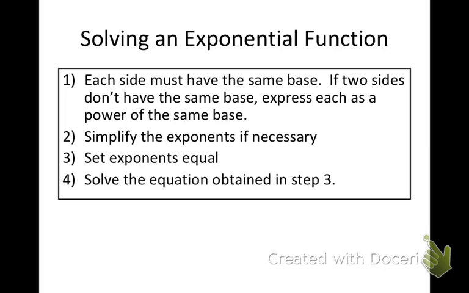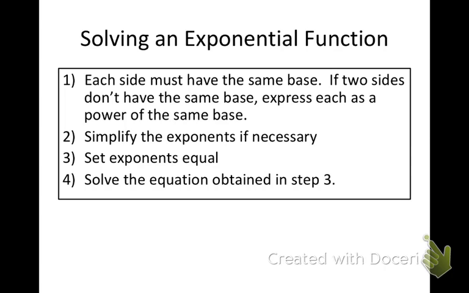So once I get my bases the same, then I can just focus on the exponents, set them equal, and solve. Okay? So sometimes the trickiest part is step 1, trying to recreate like bases, because once you have that, then we all can solve an easy linear equation.